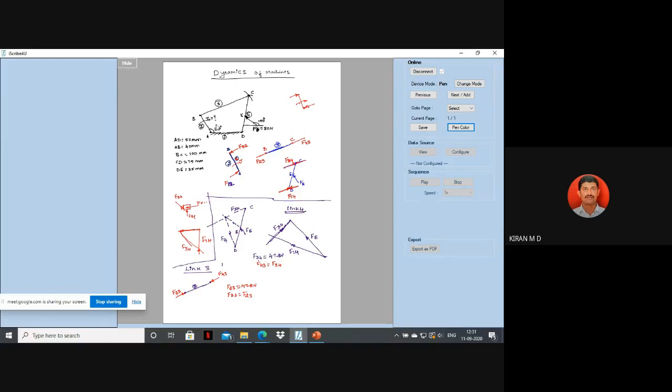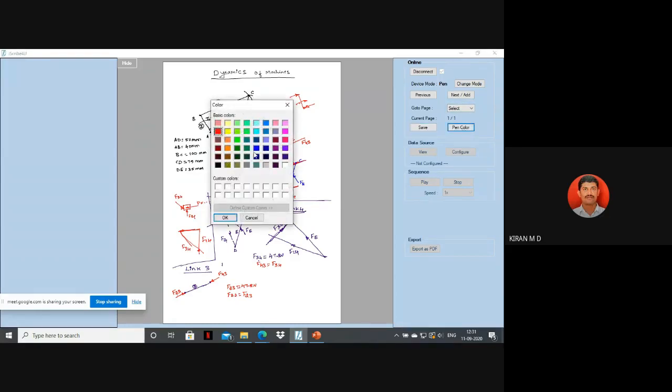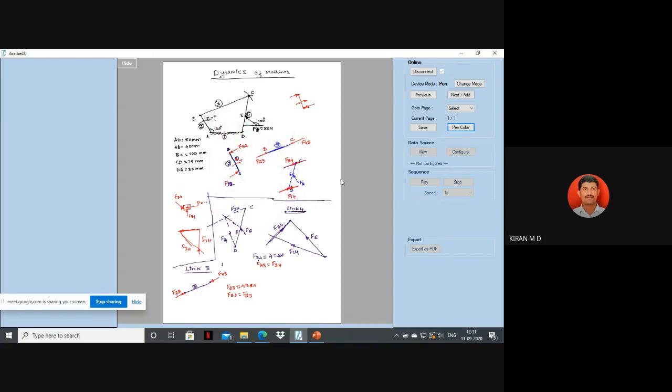Now I will come back to link 2. This is link 2. Use the scale as per whatever dimension you have. If AB is 40 mm, you draw that one only 40 mm, because that length is very important.